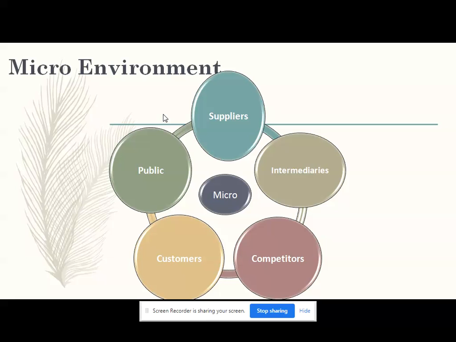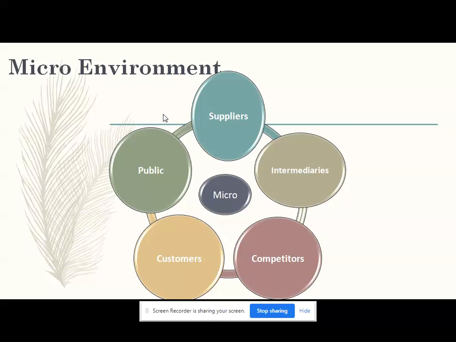Then we have control over the suppliers, and through various advertisements, for getting information from the public and giving the products the public needs and wants, we can have slight control. Thus the micro environment of the organization consists of those elements which are controllable by the management.